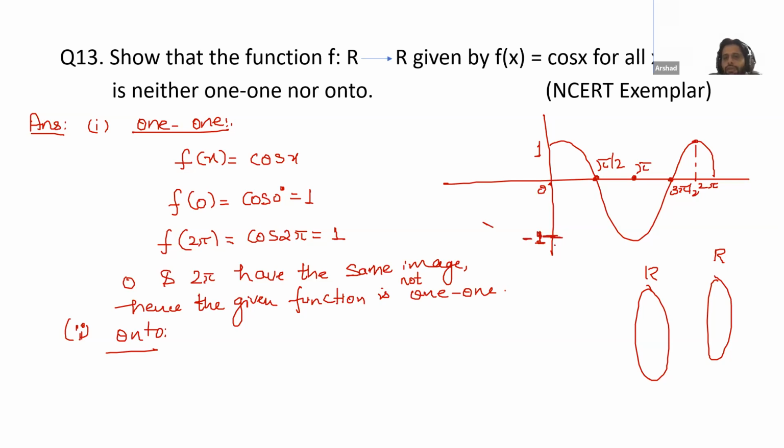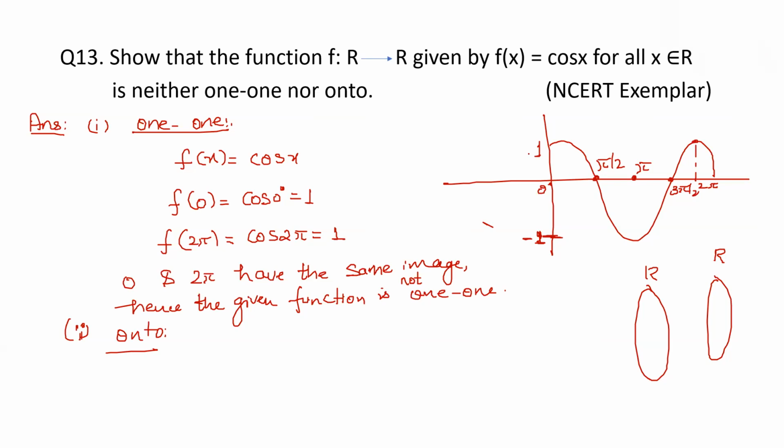From the graph, we can check. If you put any angle, the minimum value you will get is minus 1. Please tell me what is the maximum value this cos function will take? The maximum is 1.